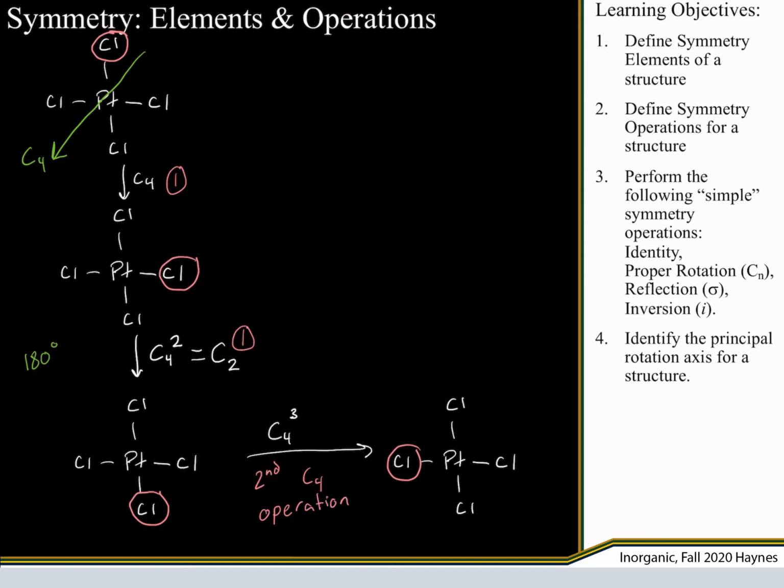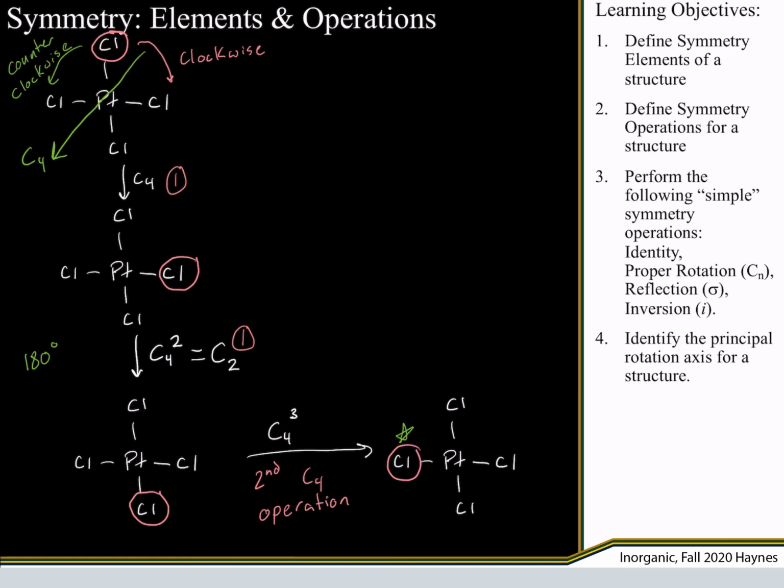You sometimes might see this referred to as the counterclockwise operation, right? We can see that we had one C4 that occurred clockwise, and this was a unique operation, our C4. When it went counterclockwise, we ended up here, right?